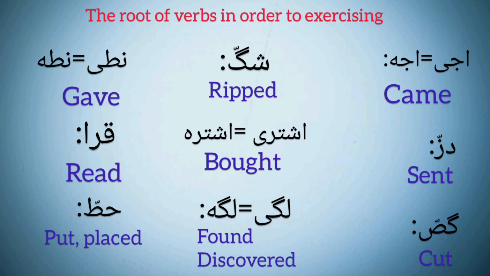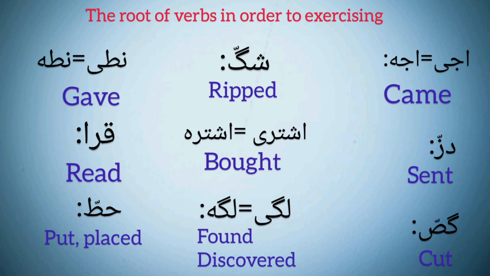For example, huwa ije, he came. Daz basically means sent. As you see, in this root, the last two letters are the same. And then we have to add to this root in order to conjugate it the signs that I previously taught you.